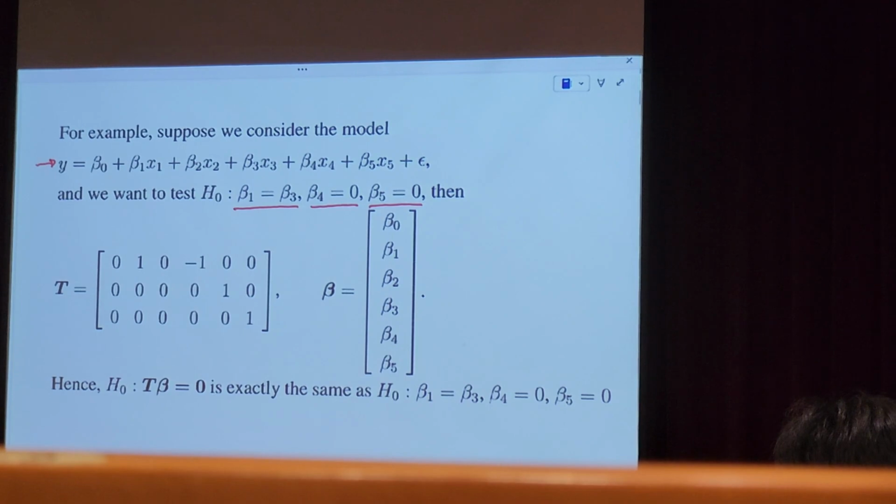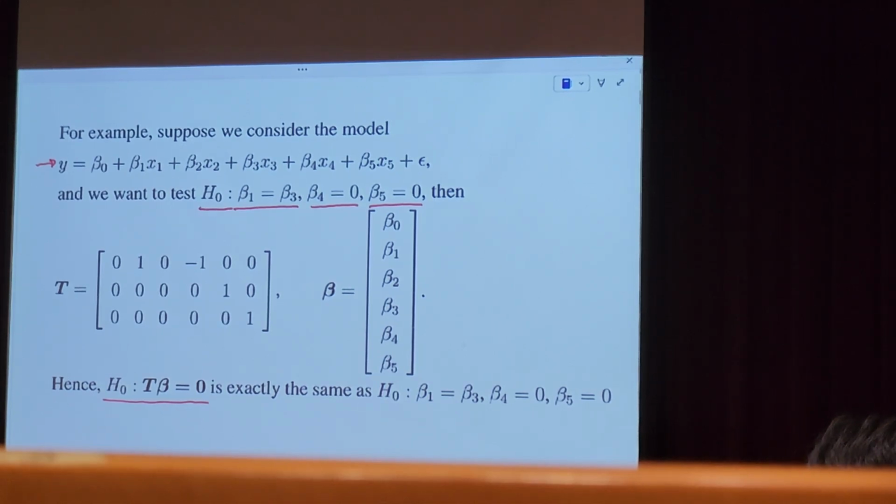What does that mean? Well, for example, this hypothesis can actually be written as this, where the matrix T is defined here.